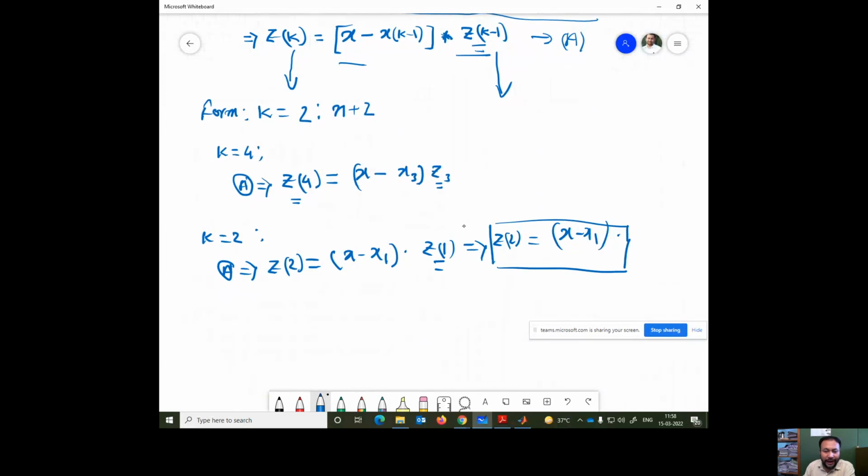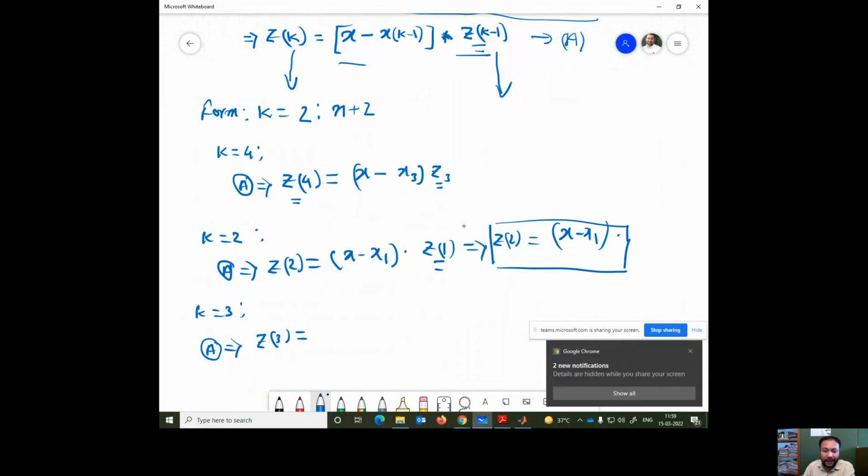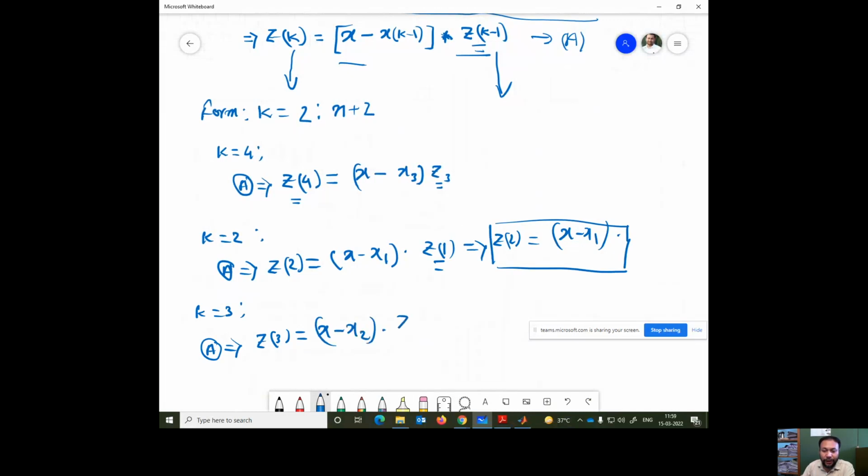Let us define k is equal to 3. Putting it in equation number A, I get z3 is equal to x minus x2 into z2.